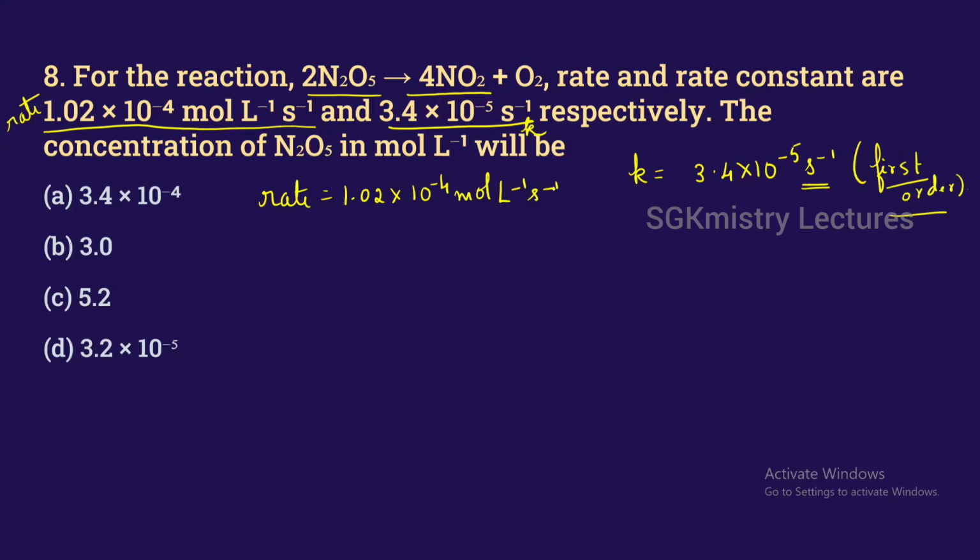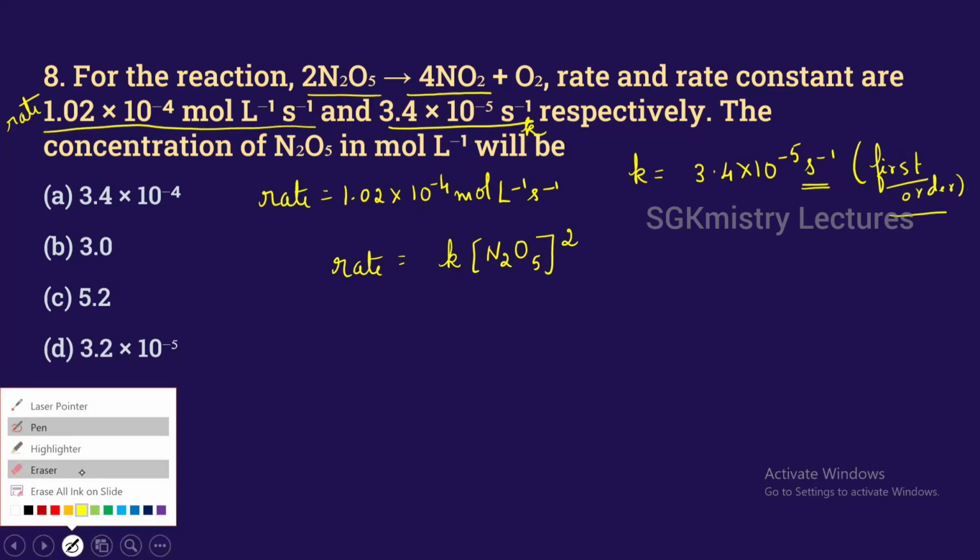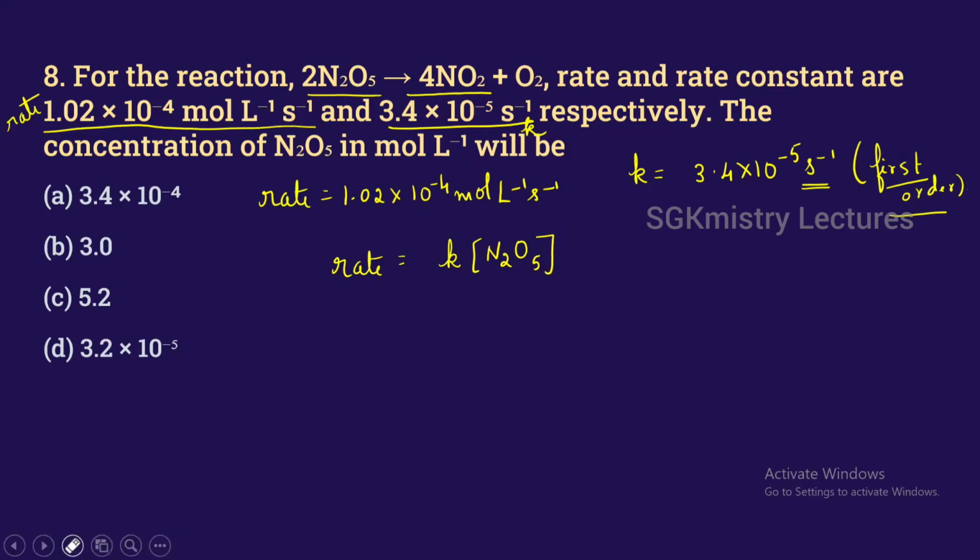Now, we know that rate is equal to K into N2O5 square. This is the rate equation. We know that it is a first order reaction. Now, not the square, I'm really sorry, to the power of 1 because it is a first order reaction. So now let us do the calculations.